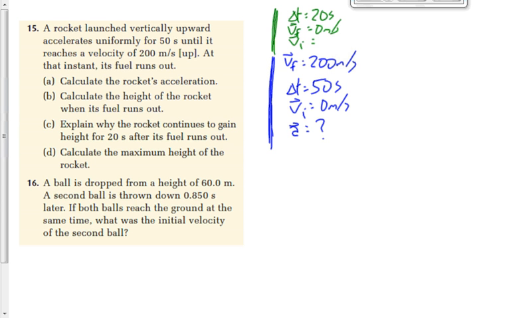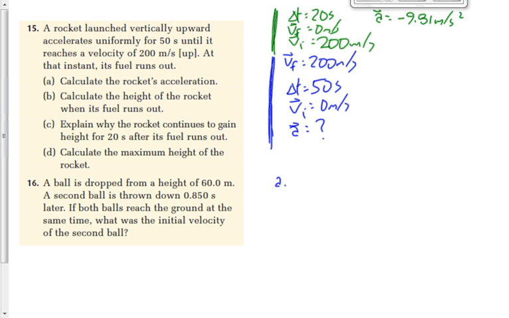How fast is it moving when it begins that second stage, Stephanie? 200 meters per second, good. At the end of the acceleration phase, the rocket phase, it's moving at 200. So that's the beginning of the slow down phase, moving at 200. Good. And acceleration would be negative 9.81 meters per second squared. Because at that point, the rocket's no longer doing anything, right, other than going up into the air like a rock would.